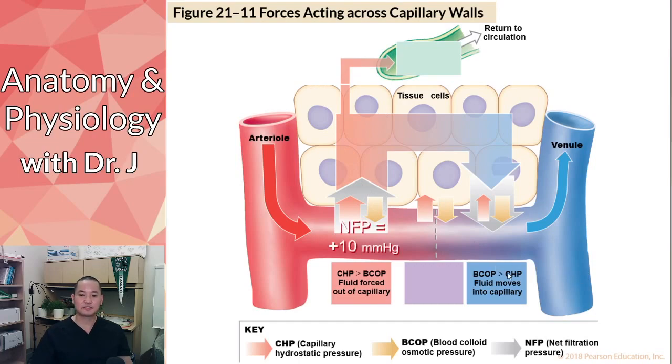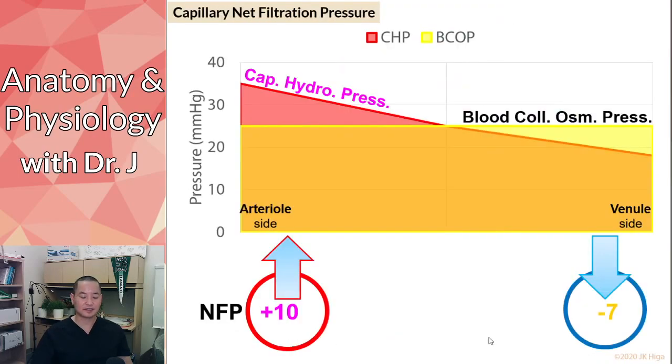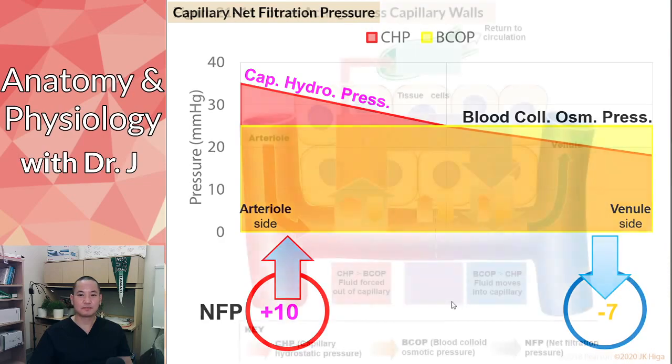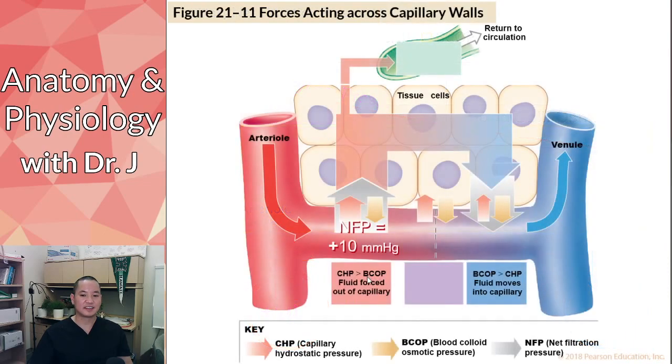All right, so net filtrate, notice those numbers right here. Are they equal? Notice that the net filtration pressure, the overall pressure on the arterial side, the absolute value of this 10 millimeters mercury, that's our filtration. So that's why overall per day we filter about 24 liters of fluid from our vessels into our interstitial fluid.